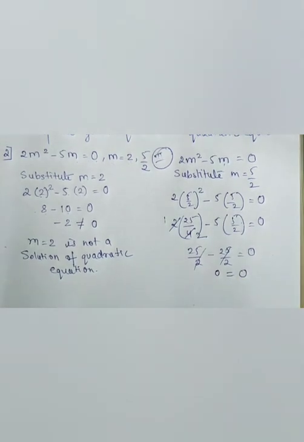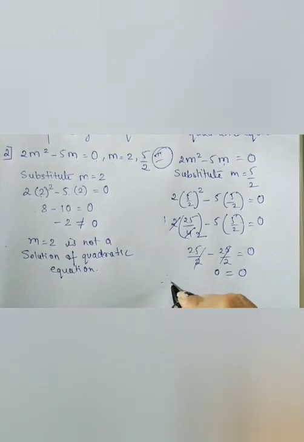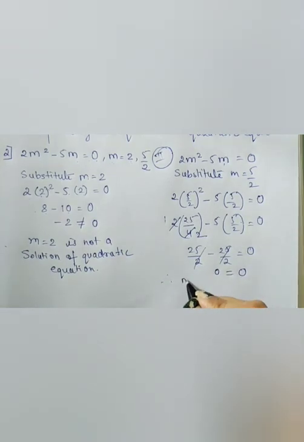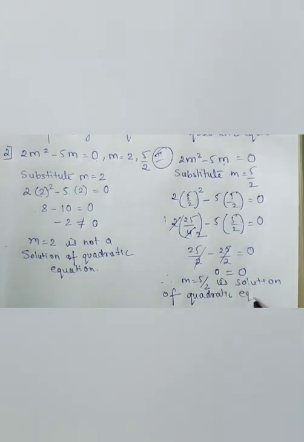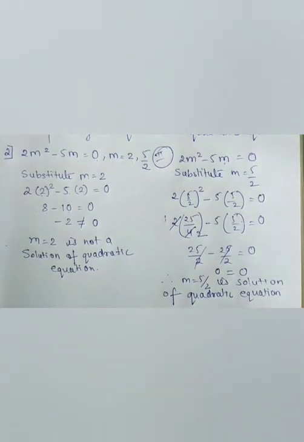I hope you are getting it. Therefore m is equal to 5 upon 2 is a solution of the quadratic equation, or you can write it is a root of the given equation.